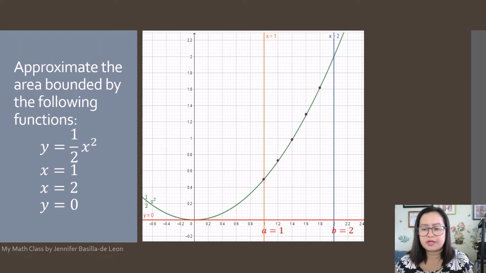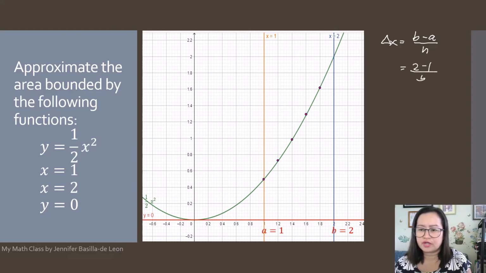Now, since we have decided to use 5 rectangles, using the formula delta x equals (b minus a) over n, we would have (2 minus 1) divided by 5, which gives us 1/5 or 2/10.